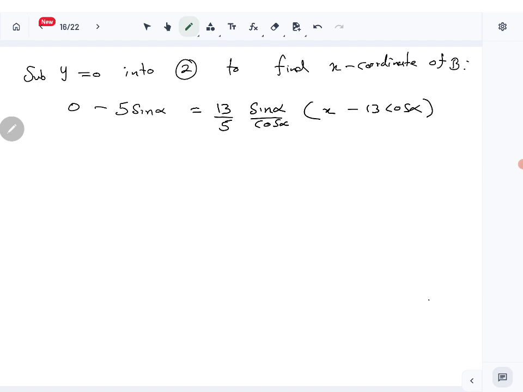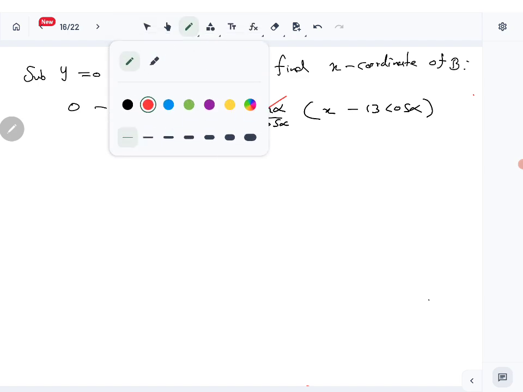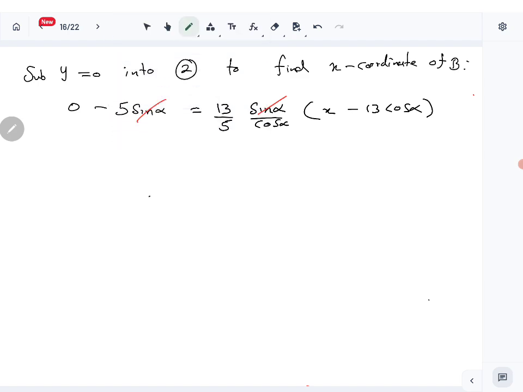Right, now cancel the terms. You can cancel sin alpha. Then move the 5 to this side, you get minus 25 cos alpha.